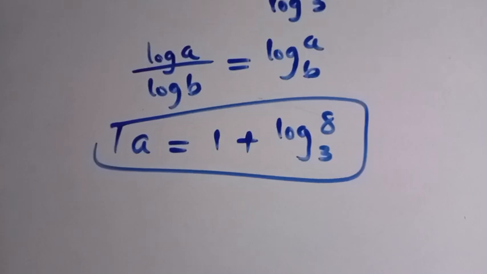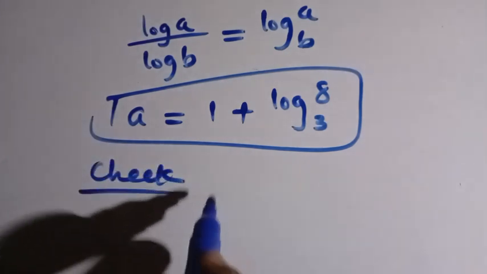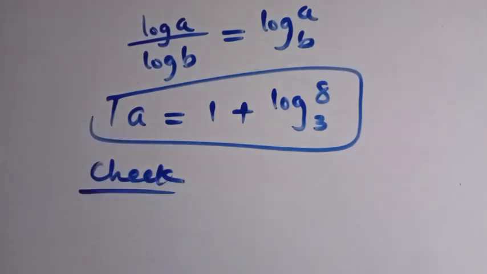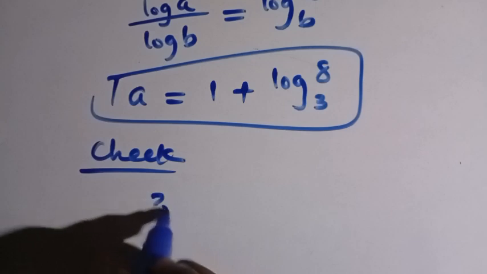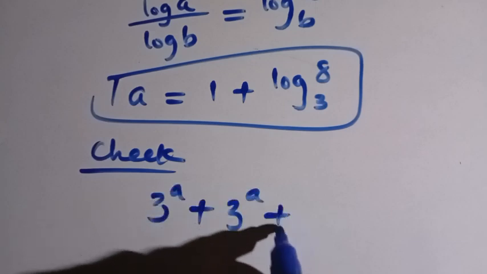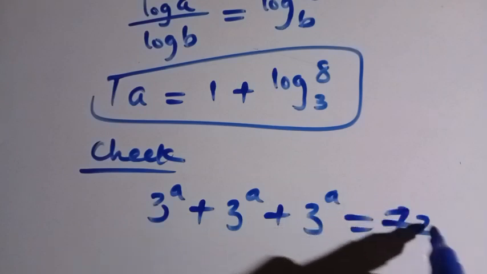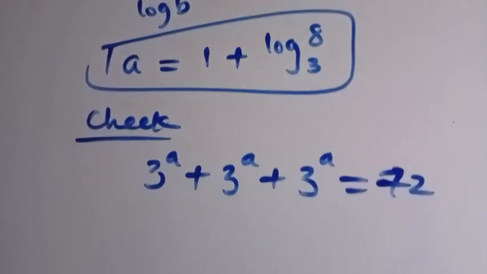To check if we really get this answer, the question says 3 power a plus 3 power a plus 3 power a. We want to check if this will be equal to 72 when we substitute the value of a.